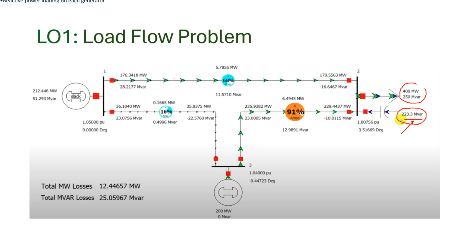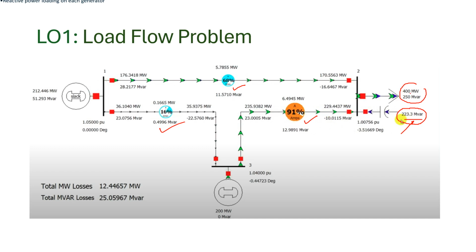Under this condition, you can see the scenario: none of the lines is overloaded. This line is operating at 91% capacity, this at 68%, a safer zone, and this at 60% capacity. So everything comes into normal condition if we provide some compensation at the load side.